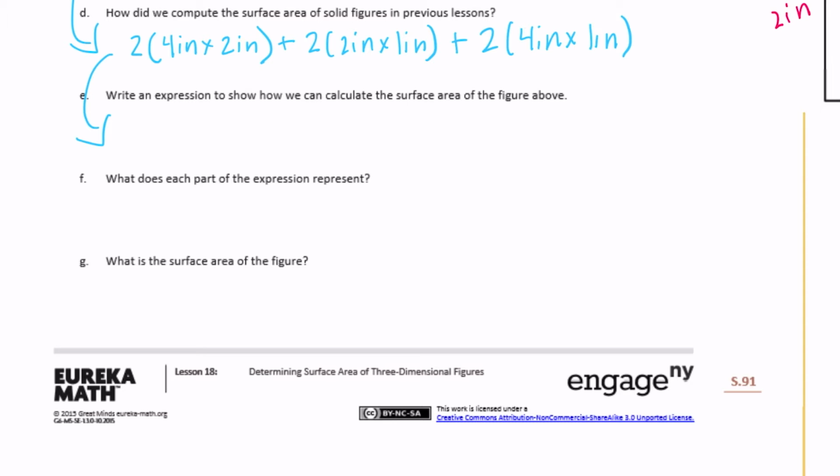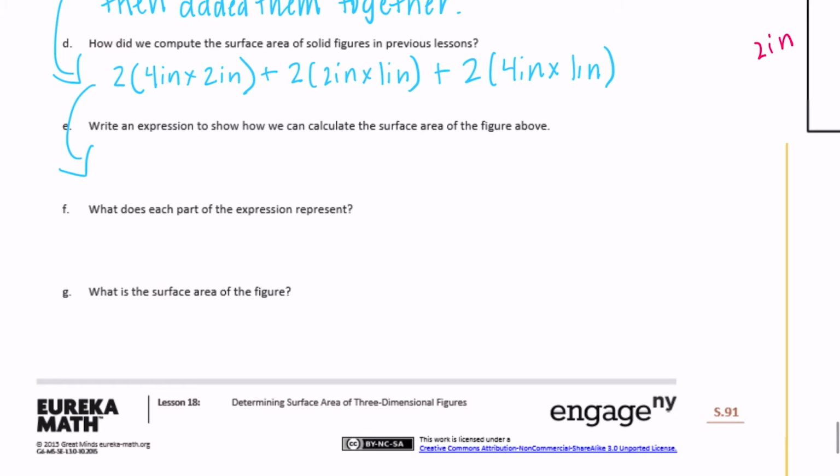F, what does each part of the expression represent? So each part of the expression represents the area of a face. So we're able to write them more compact because there are 2 identical faces of each type. So I'll say each part represents an area of one face.